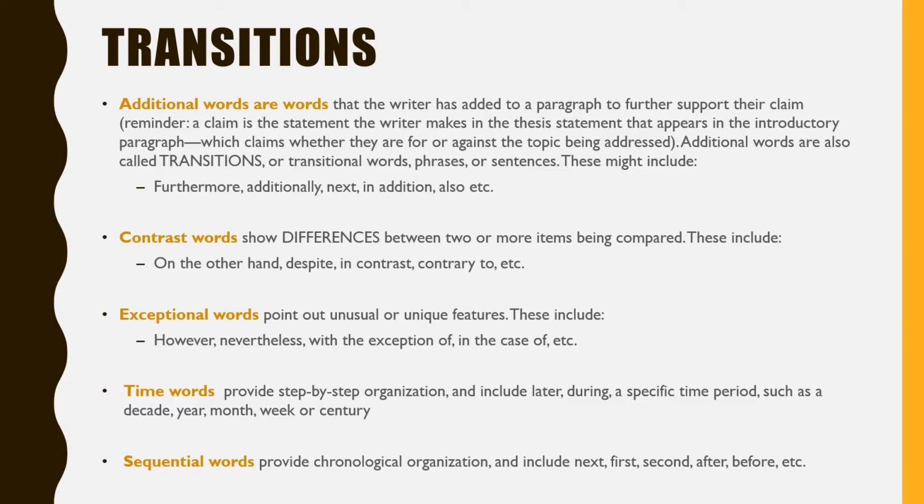And as a reminder, a claim is the statement that the writer makes in the thesis statement that appears in the introductory paragraph, which claims whether they are for or against the topic being addressed. Additional words are also called transitions or transitional words, phrases, or sentences. These might include furthermore, additionally, next, in addition, also, and so on.